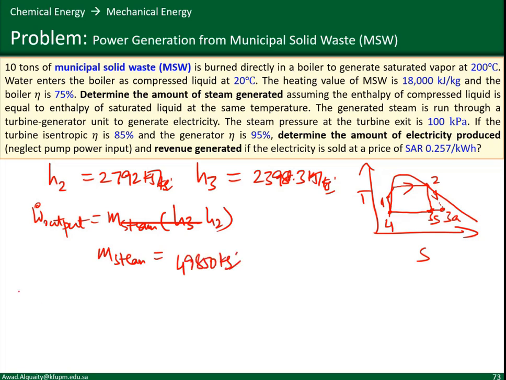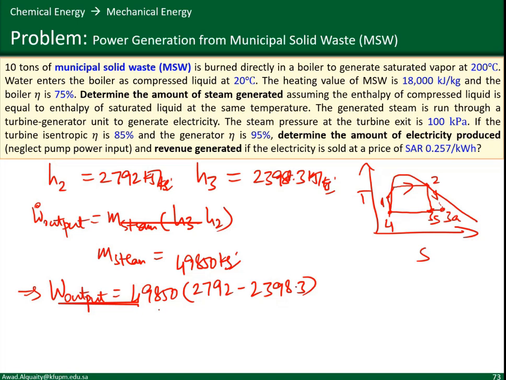Okay, which means that when we calculate the work output, it's 49,850 times 2792 minus 2398.3.